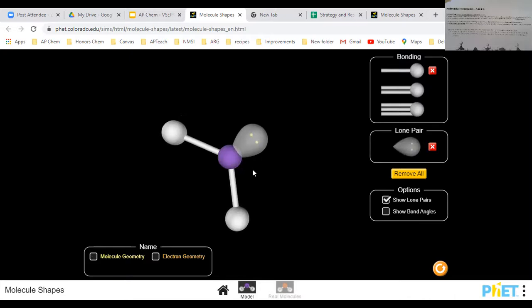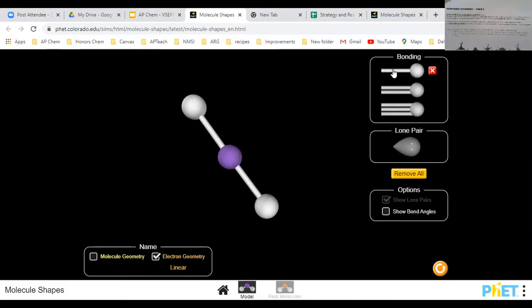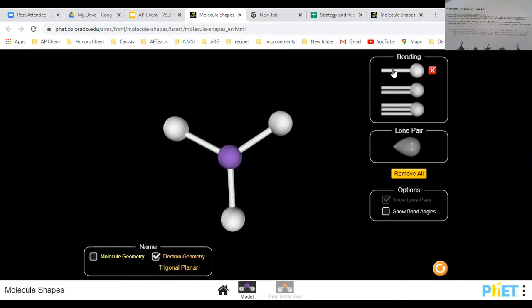That lone pair actually causes more repulsion between these shared electrons. So we no longer see the peace sign, the Y, whatever we want to call that, whenever this lone pair is a bonded atom. Okay, that's what we would call trigonal planar.